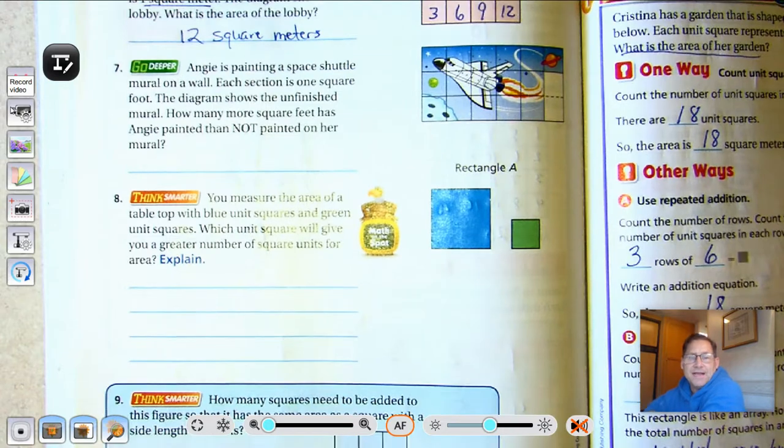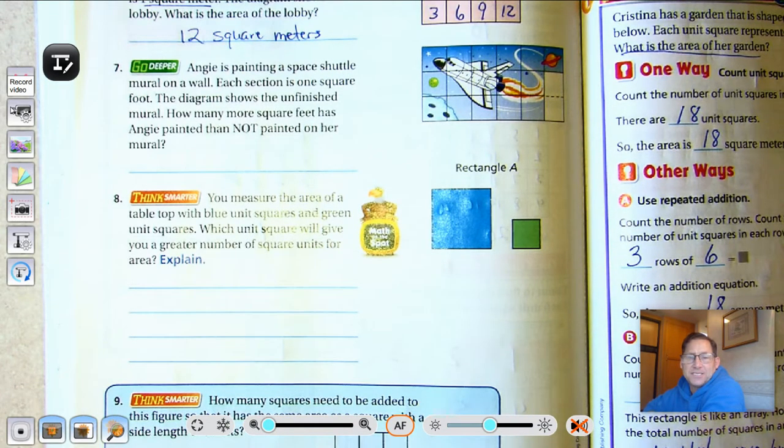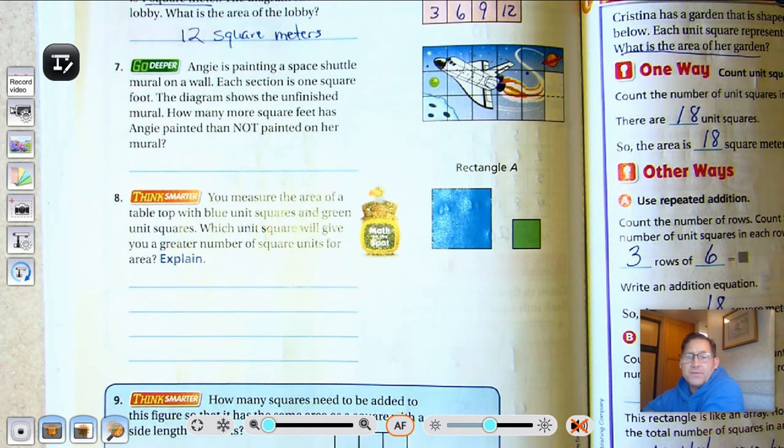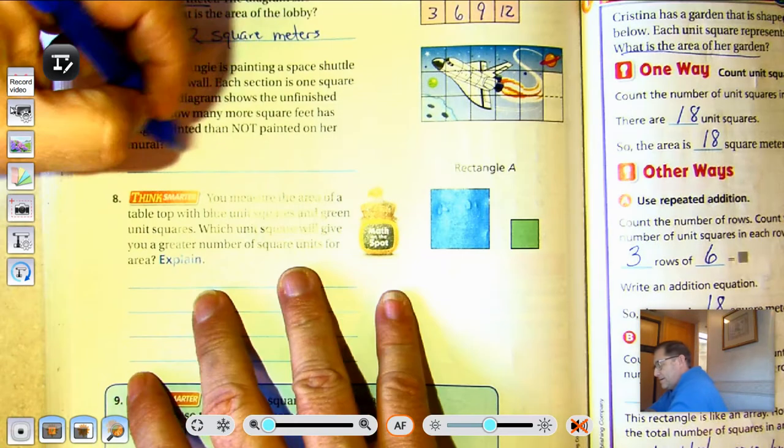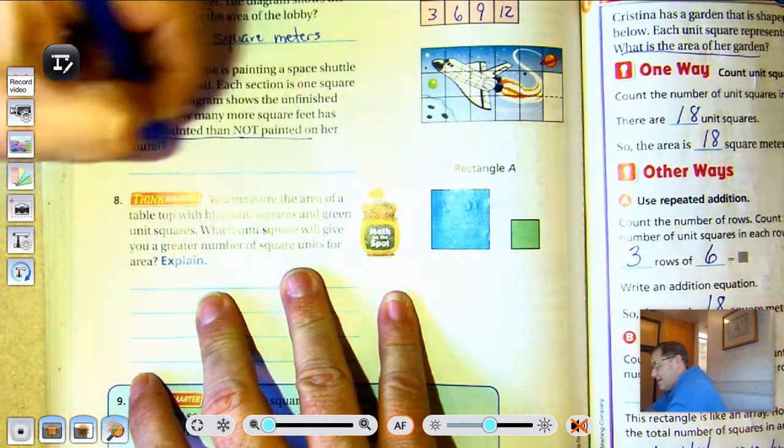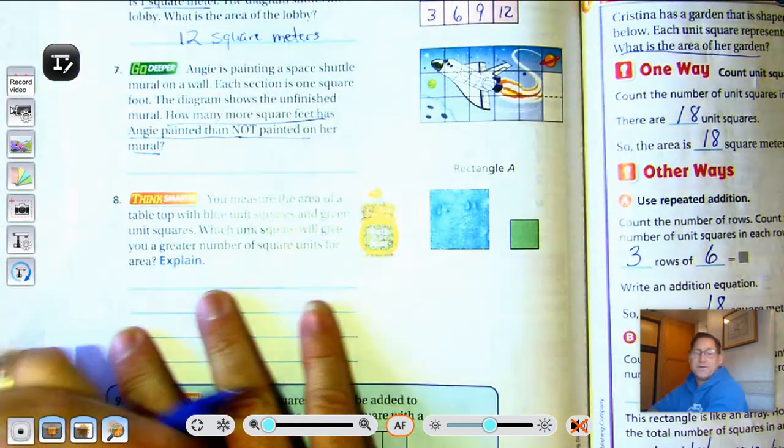Okay, number 7. Angie is painting a space shuttle mural on a wall. Each section is 1 square foot. The diagram shows the unfinished mural. How many more square feet has Angie painted than not painted? Angie painted, then not painted. So how many has she painted?